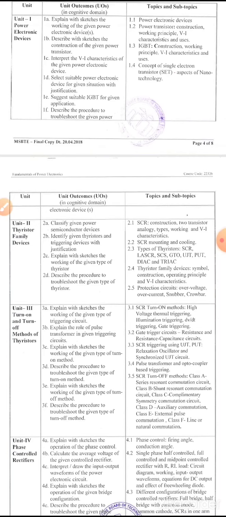Thyristor family devices is nothing but the SCR. Thyristor family devices contain SCR, GTO, LASCR, triac, diac, some triggering devices, and some power control thyristors. Also we will see here some protection circuits, because in some cases over voltage and over current will happen. To control it, there are some protection circuits available, which we have to see in the particular chapter or unit.